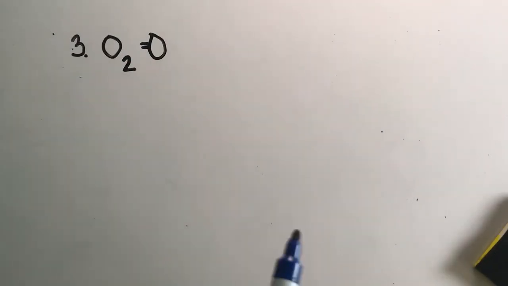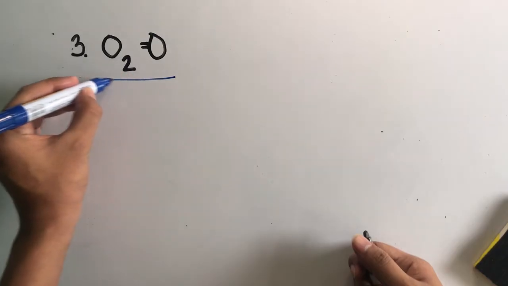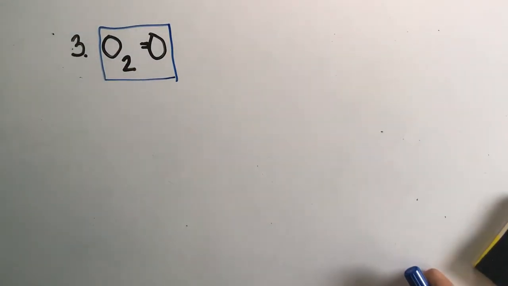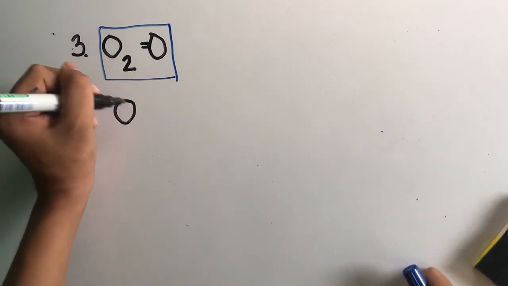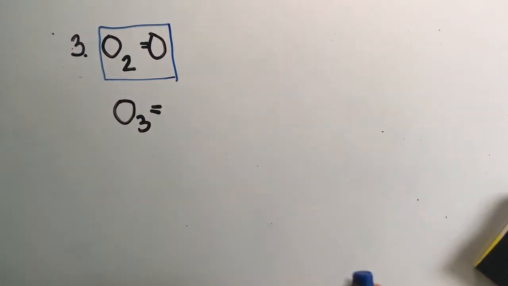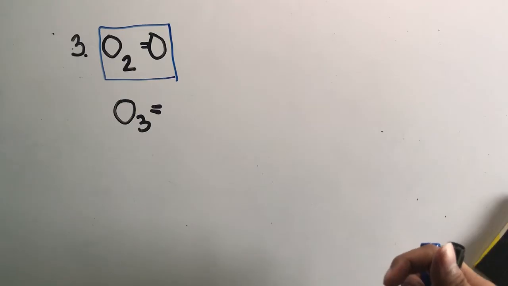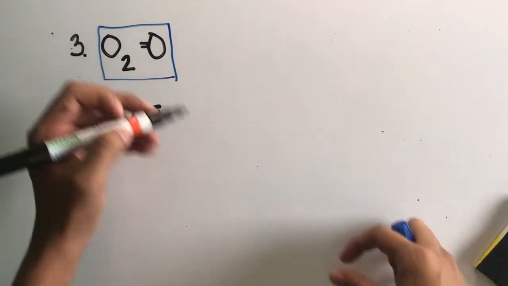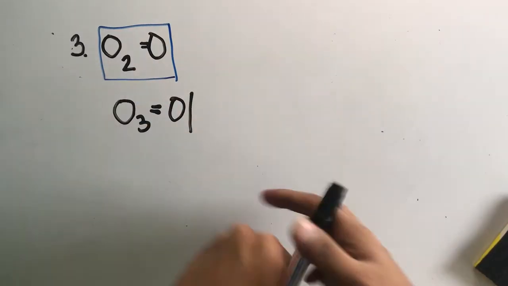Okay. Automatic yun kapag atom at wala siyang charge. Say for example, you have say O3 or ozone. Ang ozone ay walang charge. It is an atom. Therefore, automatic 0 ang oxidation state niya.